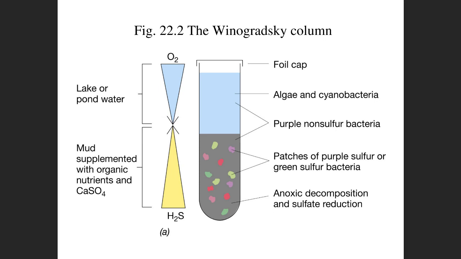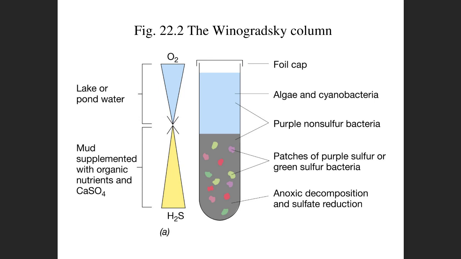Okay, it's culture dependent, and so another way is a setup called the Winogradsky column. Winogradsky, you saw there was a nitrogen fixing bacteria that we talked about earlier, and he's an early Russian microbiologist, and he did a lot of analysis. And the Winogradsky column is something he made famous. It was very simple.